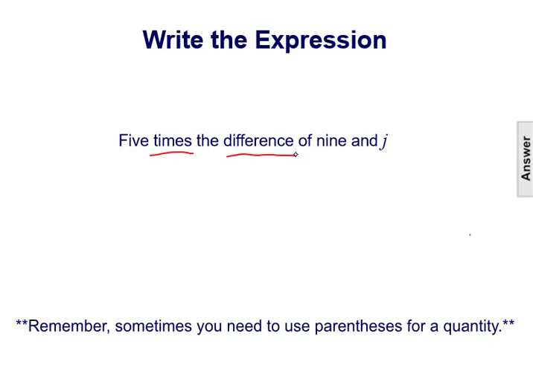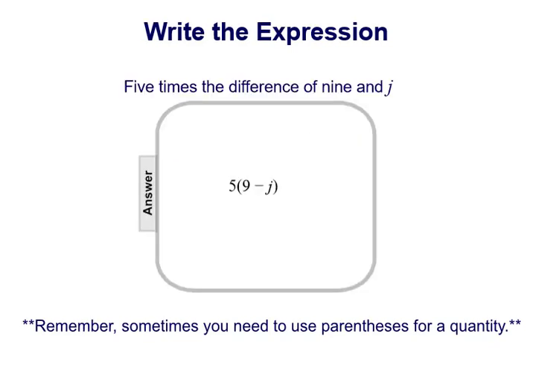If two different operations are happening, we have to indicate which one comes first. So we can say 5 times, so 5 multiplied by another operation, the difference of 9 and J. We're going to use parentheses for 9 and J. And it's just difference of, so you don't have to switch the order. The 9 comes before the J in that expression.